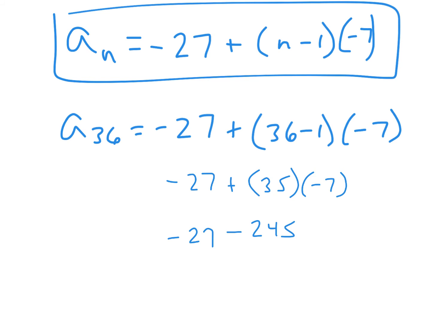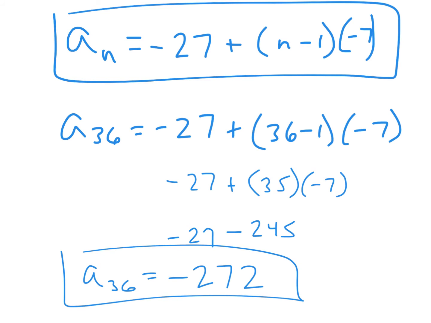So negative 27 minus 245, what do we get? Negative 272. Awesome. So our 36th term is negative 272. You guys can use a calculator for these types of questions. Just be careful when you're putting it in the calculator.